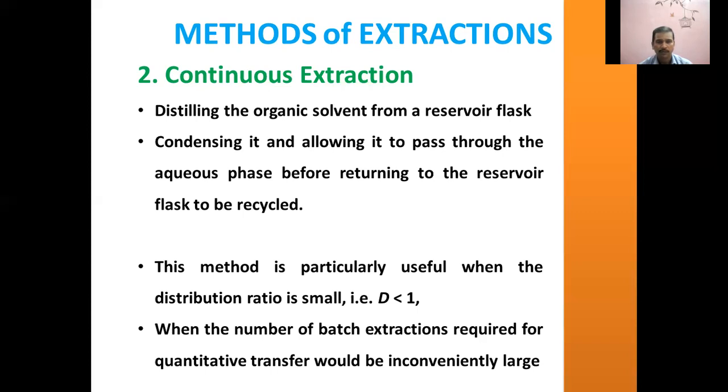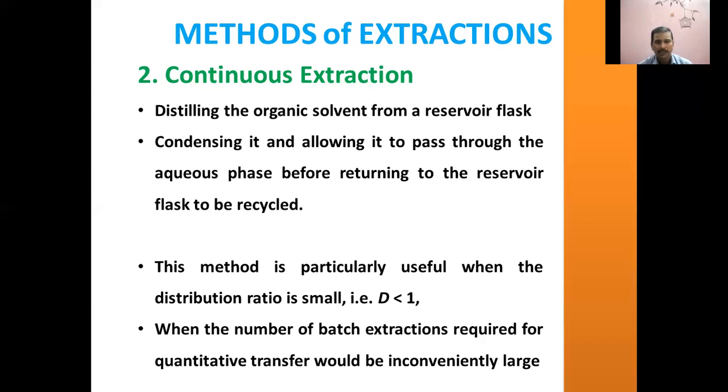The solvent reservoir will be fixed into a heating mantle, or a source of heat energy, and the vapors of the solvent will be made to pass into the condenser where the vapors will be converted into liquid, and the liquid will pass through the aqueous sample solution. It is containing solute. Then the organic solvent will take out all those analytes back to the solvent reservoir. This is a continuous extraction process.